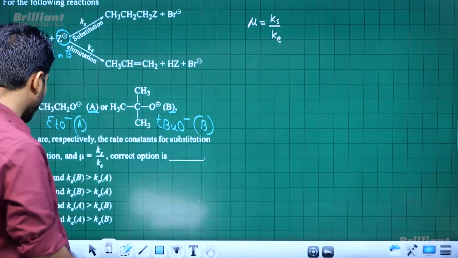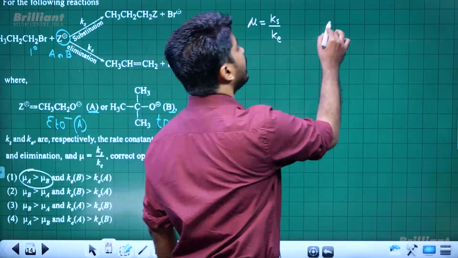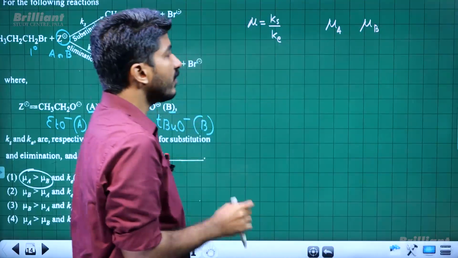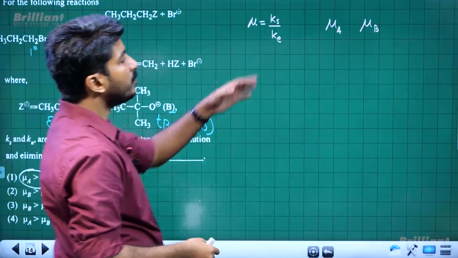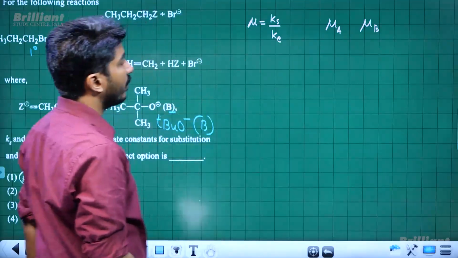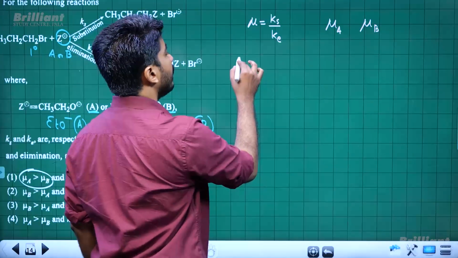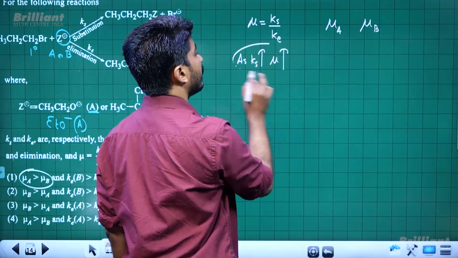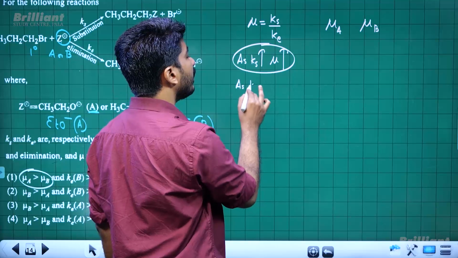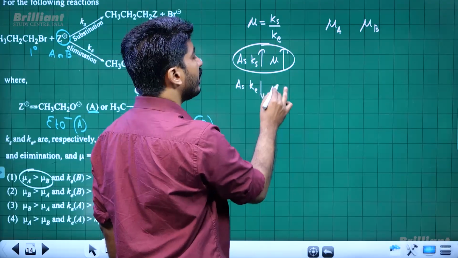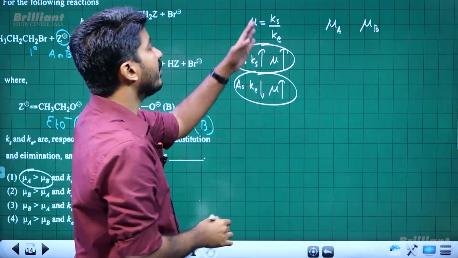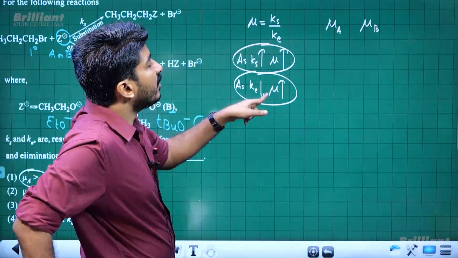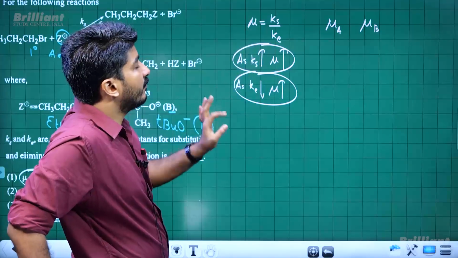They want the comparison between mu A and mu B. If we use A, what is the mu value? If we use B, what is the mu value? We know that as Ks increases, mu increases, or as Ke decreases, mu increases. This general idea we have from the expression. If the numerator increases, mu increases. If the denominator decreases, mu increases.